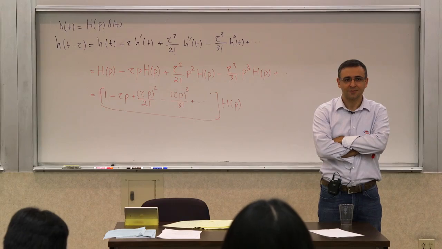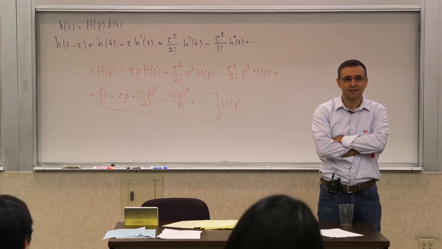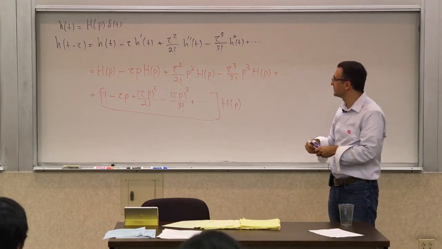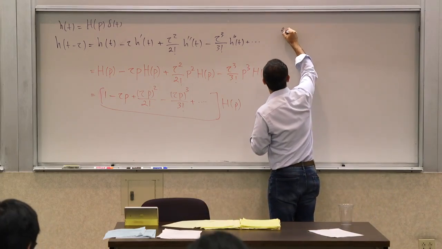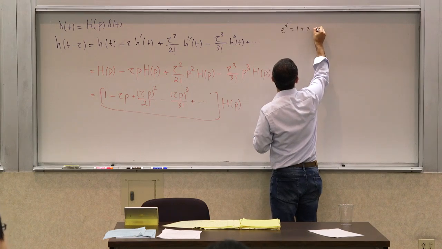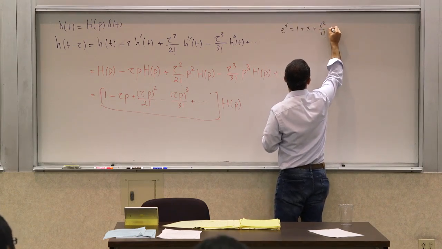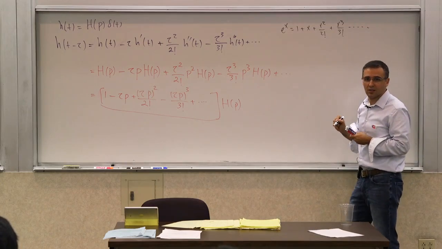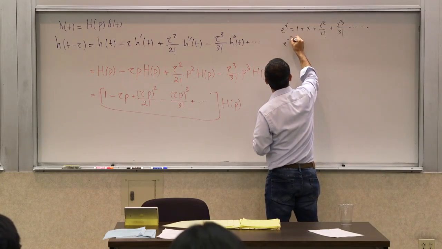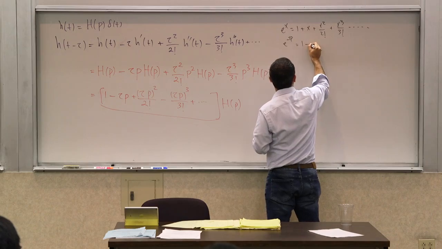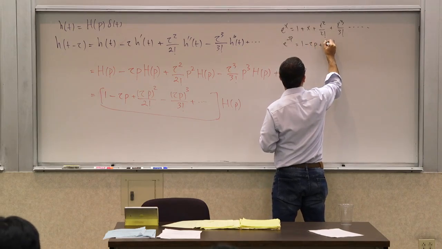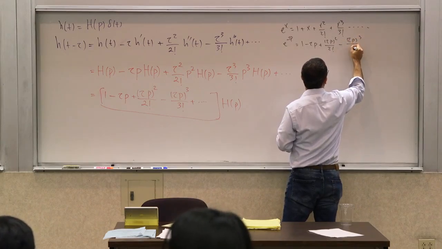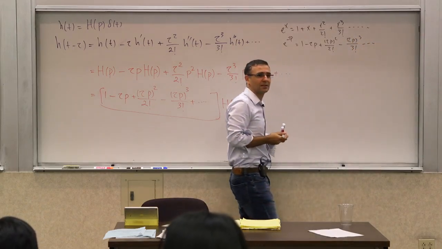Go ahead, yeah? I think it's e to the negative tau p, right? Because think about it, e to the x is 1 plus x plus x squared over 2 factorial plus x cubed over 3 factorial all the way up. So e to the negative tau p is going to be 1 minus tau p plus tau p squared over 2 factorial minus tau p cubed over 3 factorial all the way up, right?